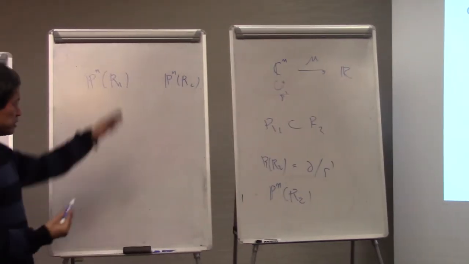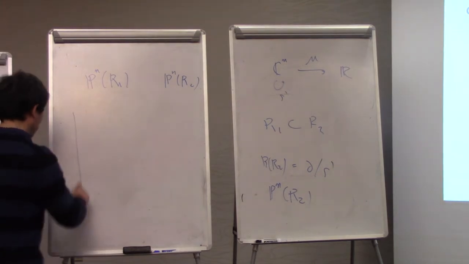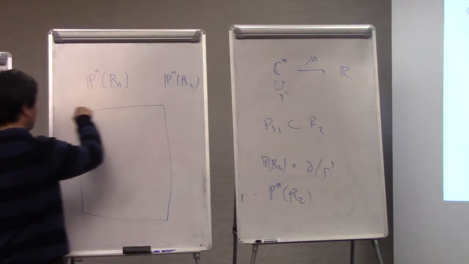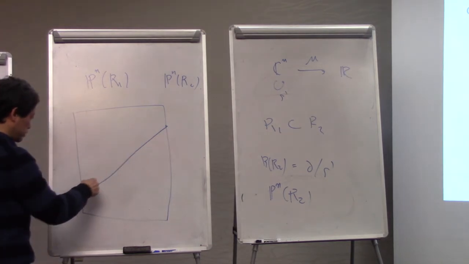And then from this symplectic cut process, you have some Lagrangian correspondence, which I can draw in this way.